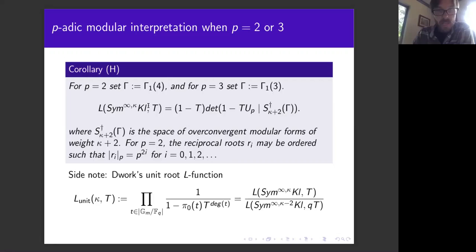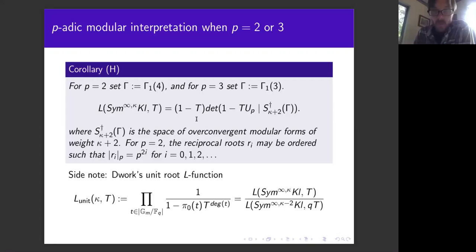So before, the modular interpretation was for L functions of finite symmetric powers. And what this is saying is that it's giving a p-adic modular form interpretation of this object here.